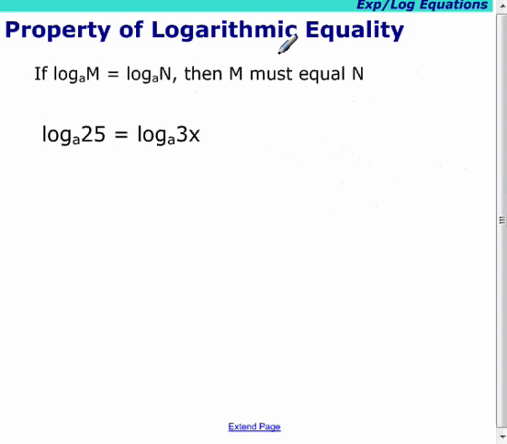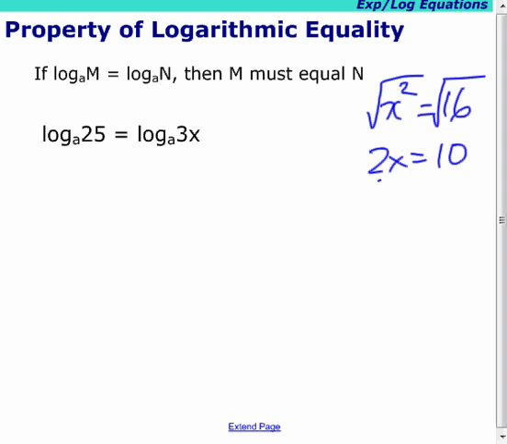Now let's take a minute just to look at this other strategy, and it's called the property of logarithmic equality. It's sort of like, remember when you have something like x squared is equal to 16. For me to solve for x, I square root this side, and I can square root that side. Or if I have 2x is equal to 10, I divide both sides by 2. So what I do to one side, I have to do to the other side.